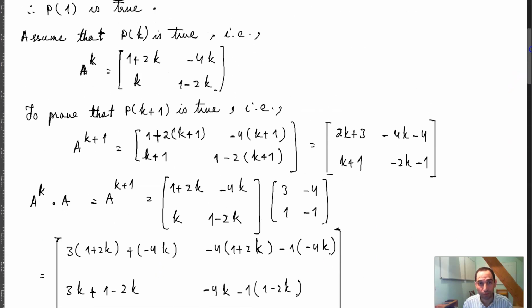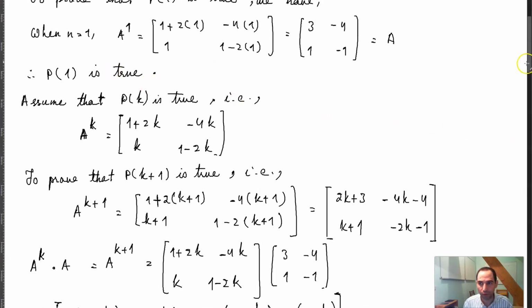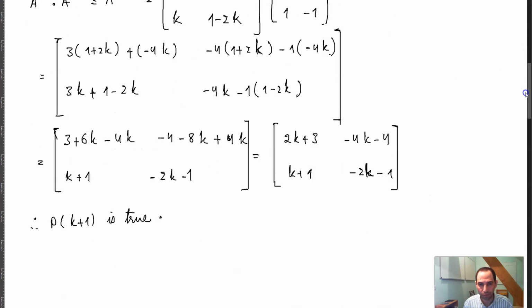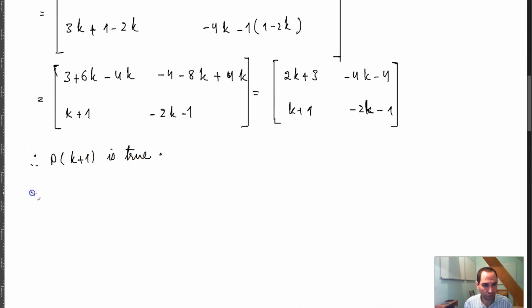Now here we have shown that P(1) is true. Then we have assumed that P(k) is true. Then we have proved that P(k+1) is true.